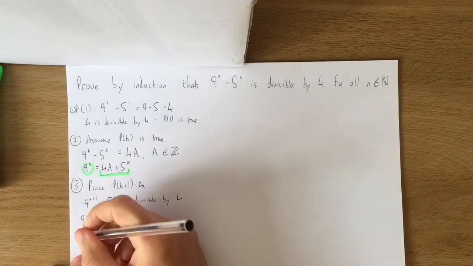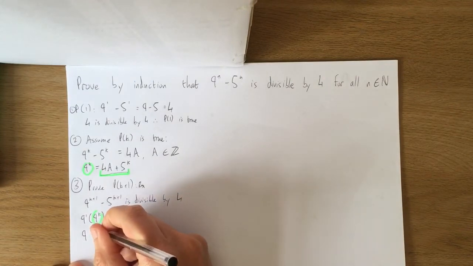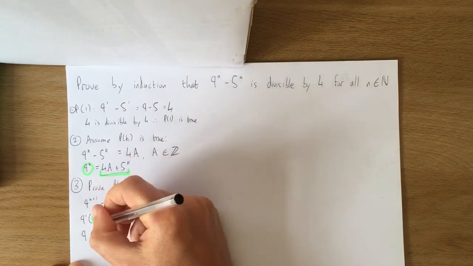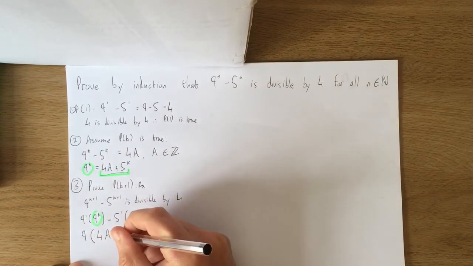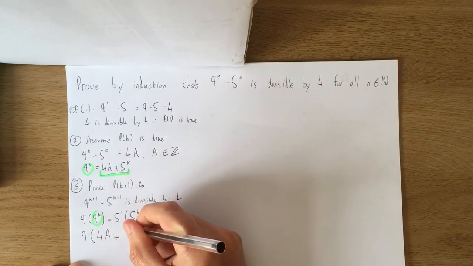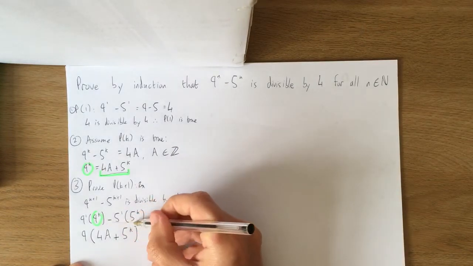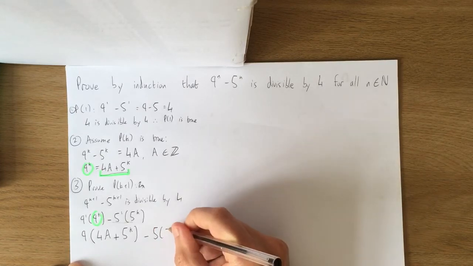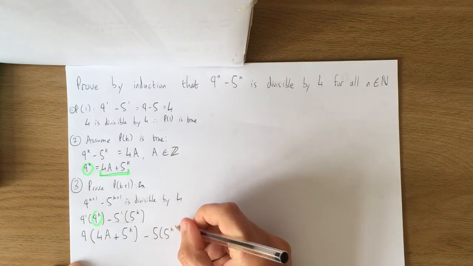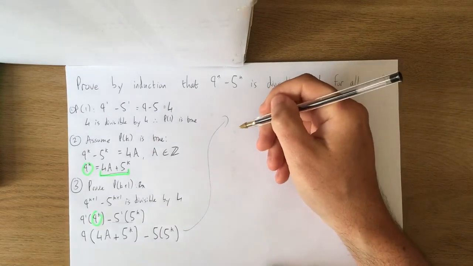So I've got 9 times, instead of 9 to the K, this, so 4a plus 5 to the K, and then minus 5 to the power of 1 is just 5 times 5 to the K. Moving up here to finish it off then.